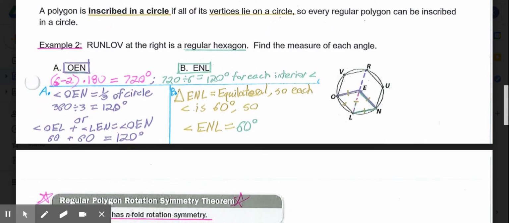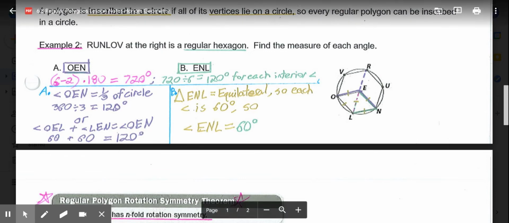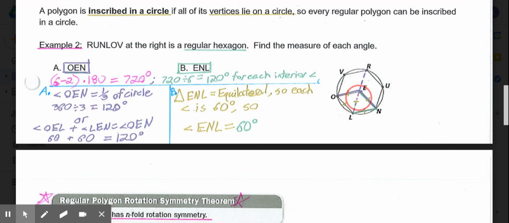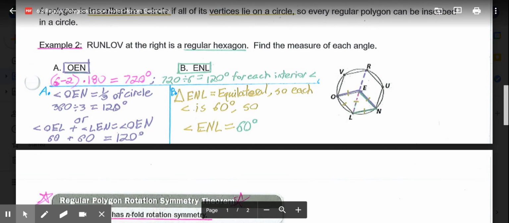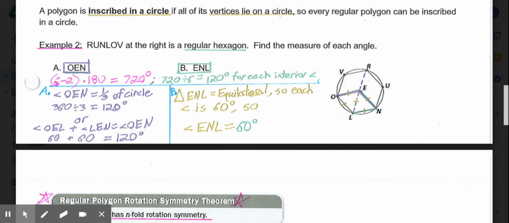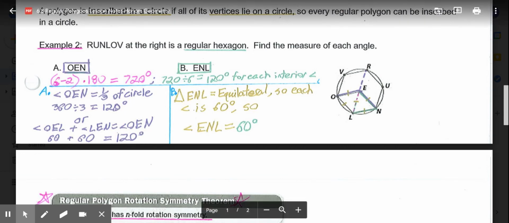So example 2 here says RUNLOV at the right is a regular hexagon. Find the measure of each angle. So for part A, they want us to find the measure of angle OEN. So OEN would be this angle here, opening down with the vertex at E. So when we look at that, we know to begin with, I have a hexagon.